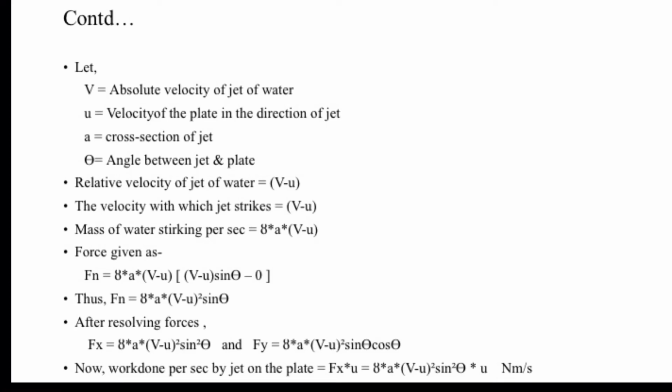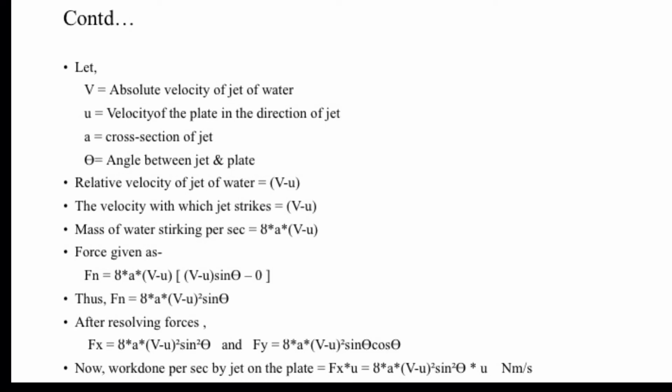The normal force Fn is given by mass into initial velocity minus final velocity. The mass of water we calculated as rho into area into bracket V minus u, and the initial velocity is V minus u sine theta in the direction of x, minus 0, that is the final velocity.